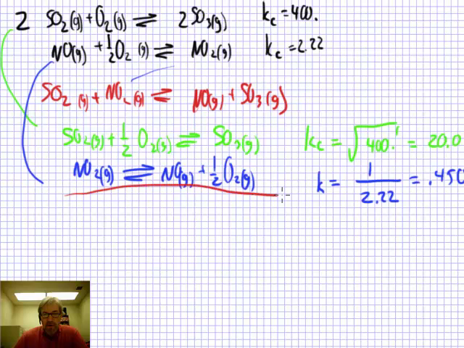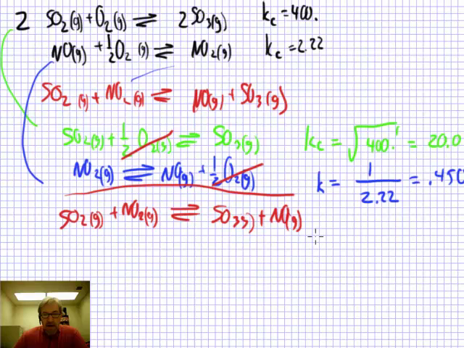Now when I sum these two reactions up, 1/2 O2 gas cancels out from both sides, and I will get my target equation, SO2 gas plus NO2 gas in equilibrium with SO3 gas and NO gas. So since I added these two equations together and got my third equation, the law of multiple equilibria says the K for this equation is going to be equal to the Kc for the first equation times the Kc for the second equation.